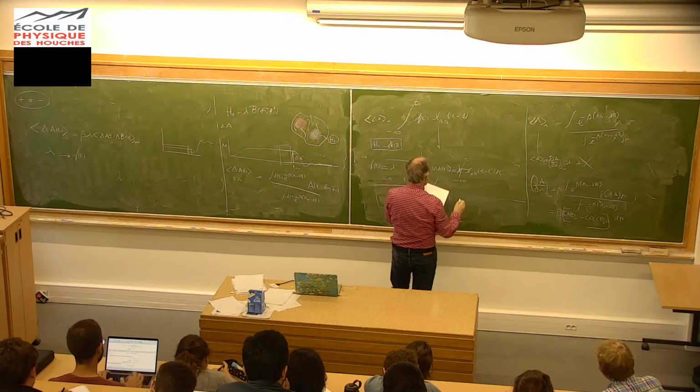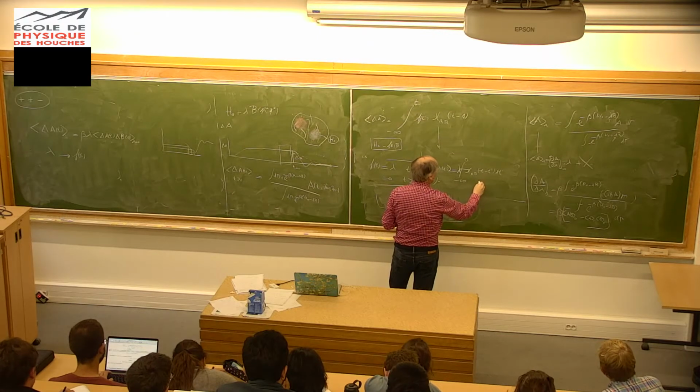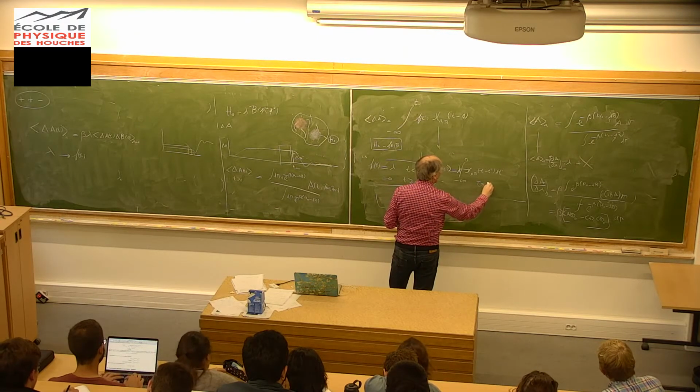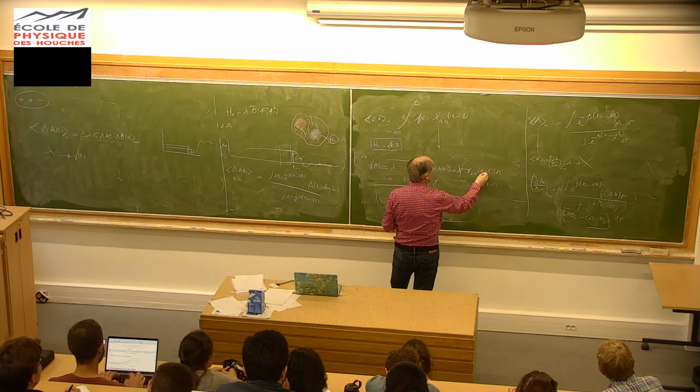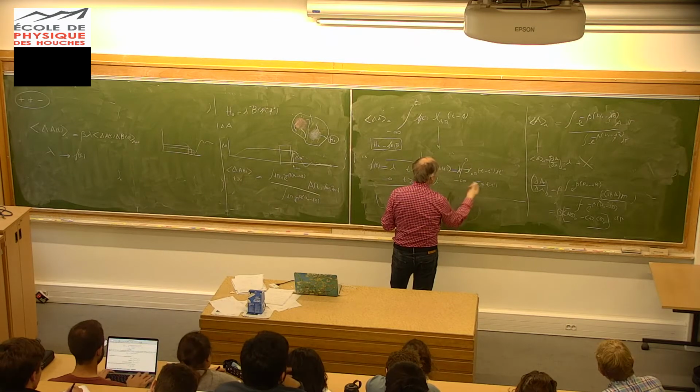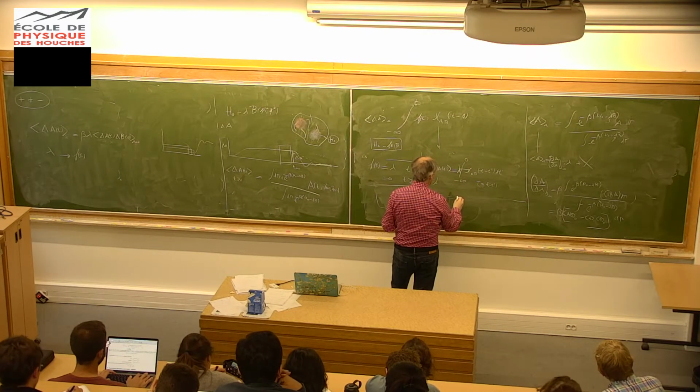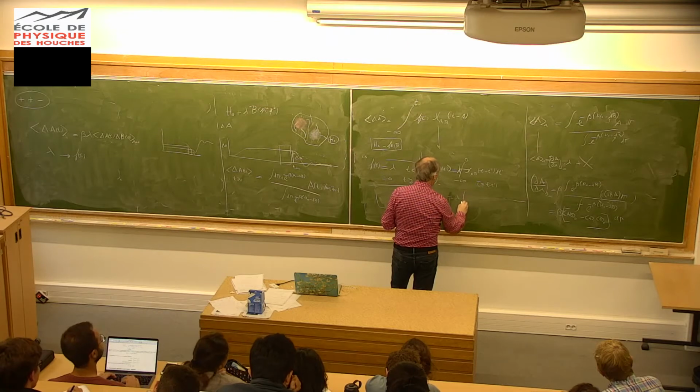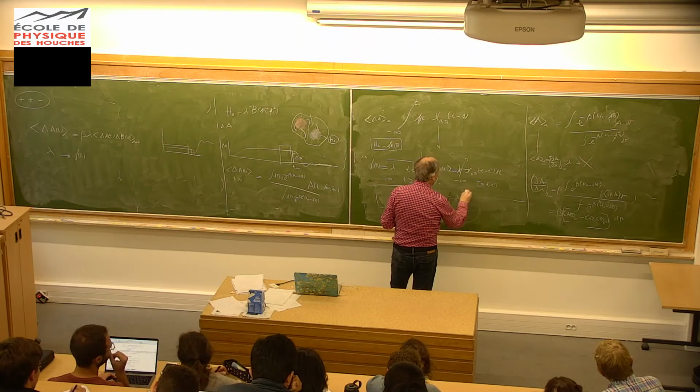If you wish, you can change to the variable tau equals t minus t prime, and change the integration variables, so this is tau, this is minus tau. You switch the integration limits.